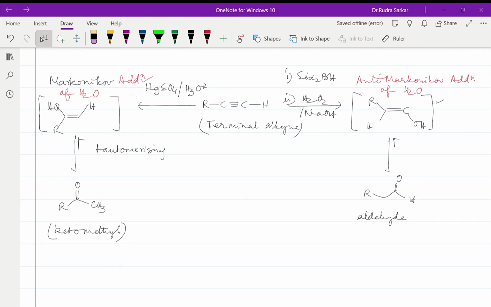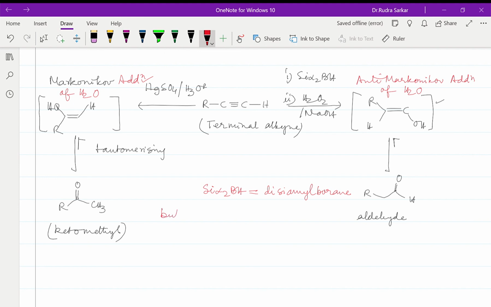So I think we have discussed most of the part relating to this topic we wanted to. Now, why use disiamylborane here? Sorry, it is disiamylborane.